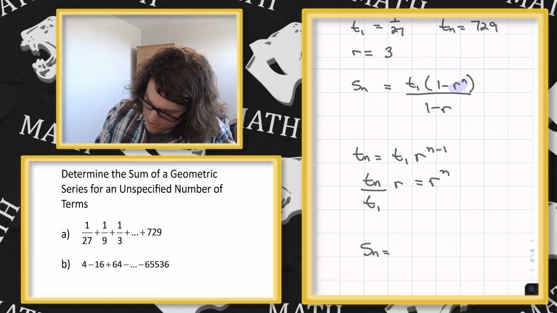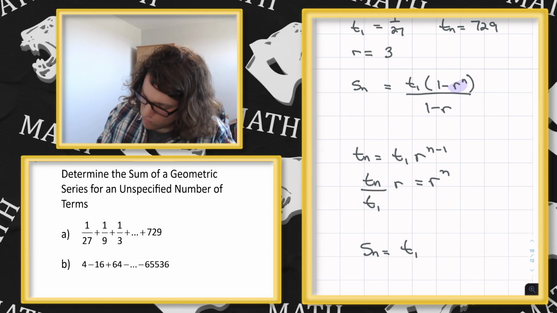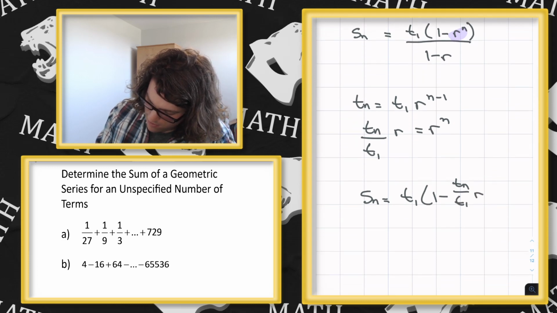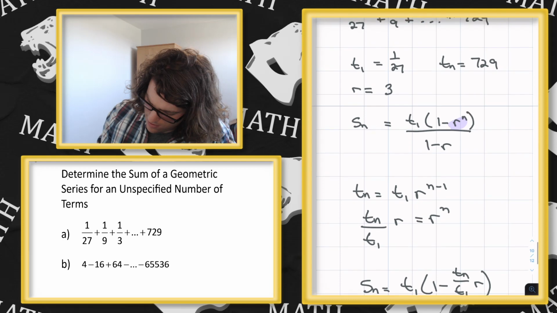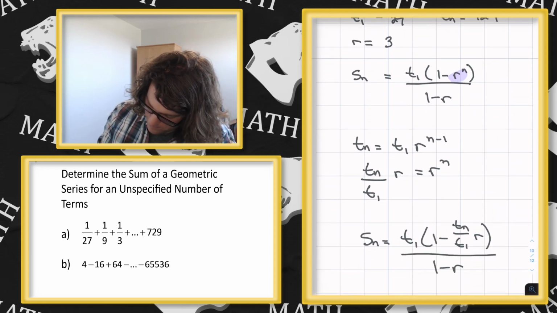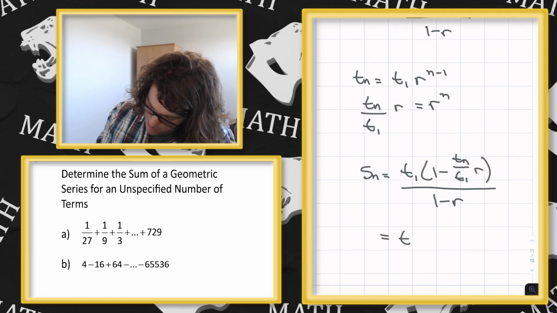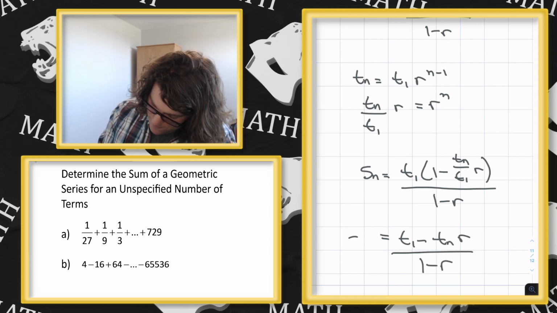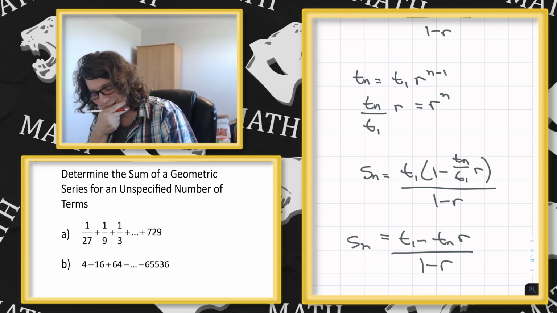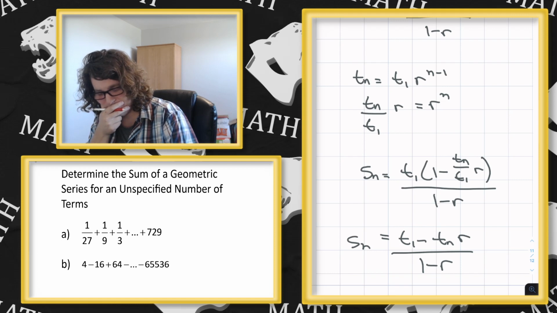So Sn is equal to T1 times (1 minus Tn over T1 times r), and then over 1 minus r. So that's equal to (T1 minus Tn times r) over 1 minus r. Now that's actually a kind of tidy looking equation comparatively.